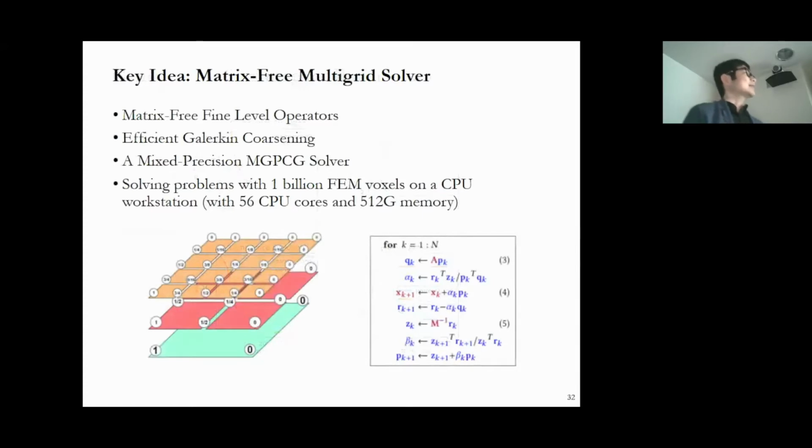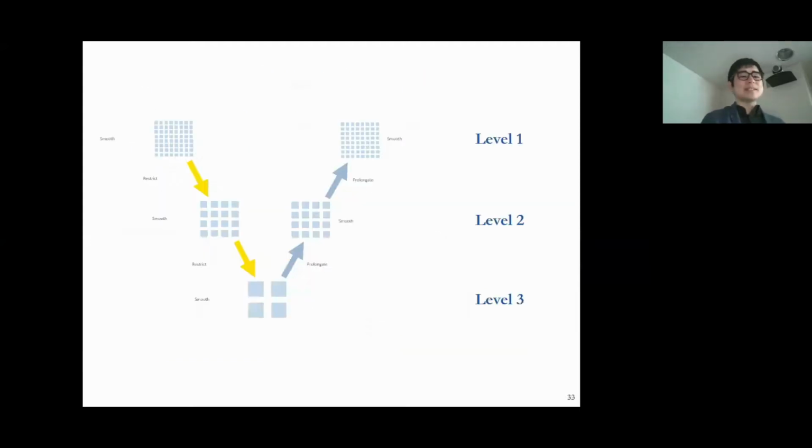And the third idea is we need a multi-grid solver. We need a fast solver for our finite element simulation. So basically, we also design some efficient matrix-free linear system solver to solve this finite element method on a CPU workstation. And I'm not going into the details of this multi-grid thing, but the basic idea is we create a hierarchy of grids with different resolutions.